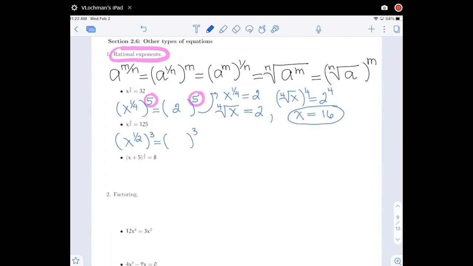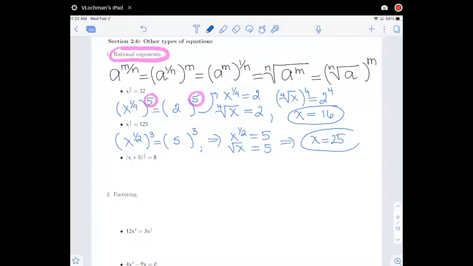What do you guys think? 5? Yes. 5 times 5 is 25, 25 times 5 is exactly 125. How convenient, right? So x to 1 over 2 is equal to 5. That's the same as the square root of x is equal to 5. So from here, square each side, we're going to get 25. Good.